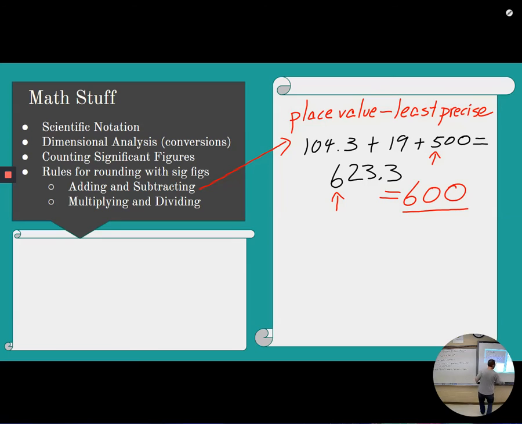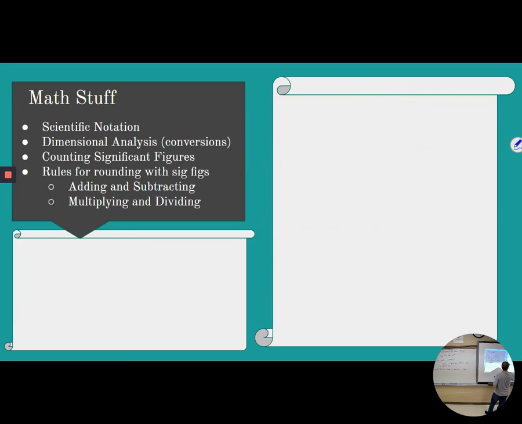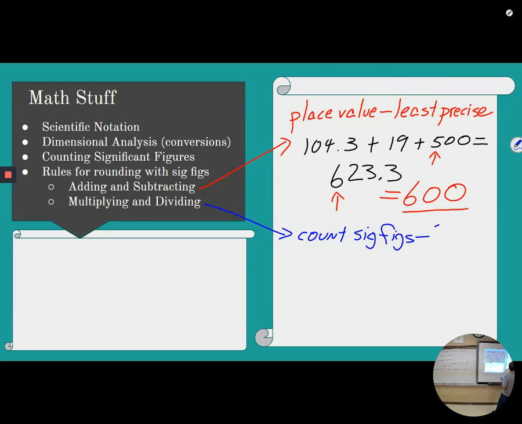If I am multiplying and dividing, then what I do is count sig figs, and my answer is going to have the smallest number of them.